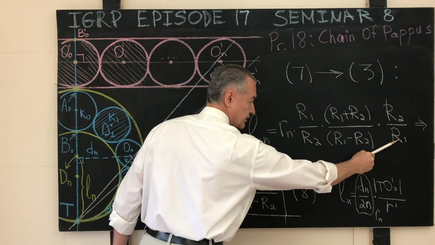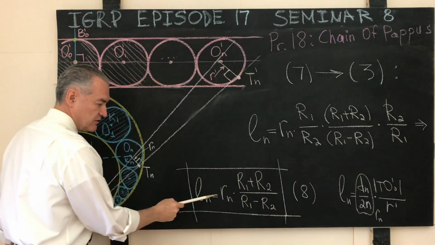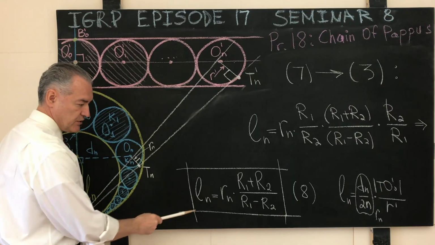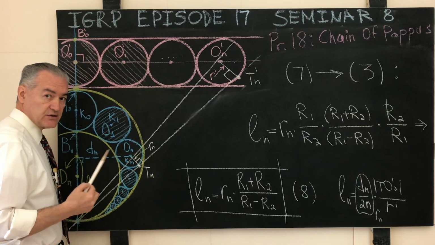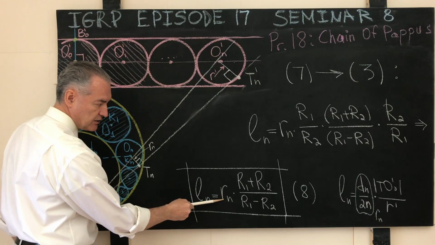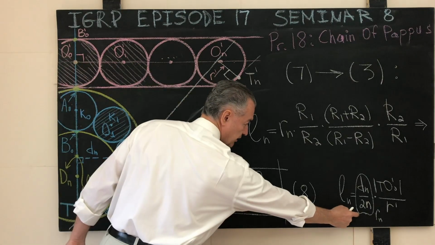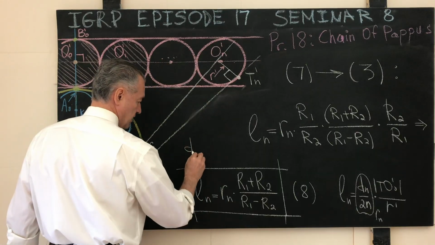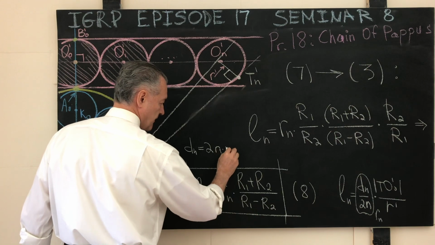R1 and r1 here cancel out, r2 and r2 here cancel out, and voila, we have our relationship for the length Ln in terms of basically all the input material expressed as a function of Rn. And if you remember, obviously here I also have this relationship. We have dn equals 2n times Rn.